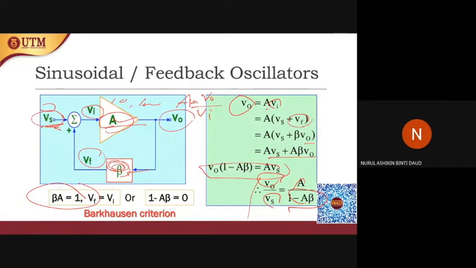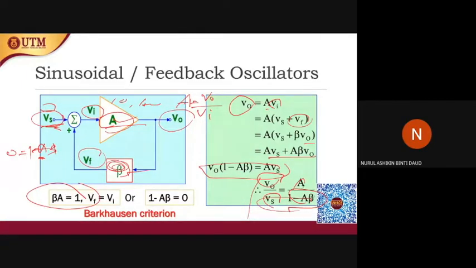Since Vs is equal to 0, the source voltage is 0, 1 minus AB will be equal to 0 as well. And A is usually a finite number, an exact number, and B as well.